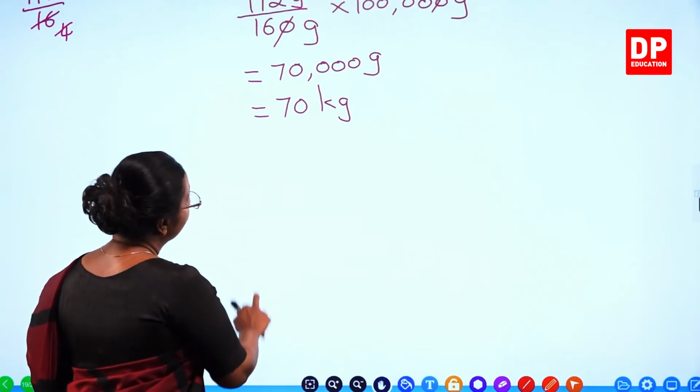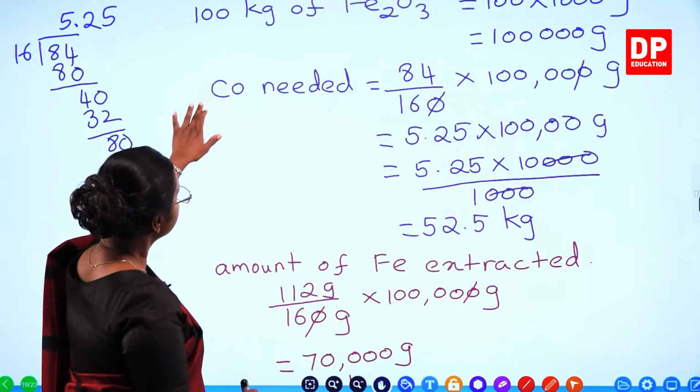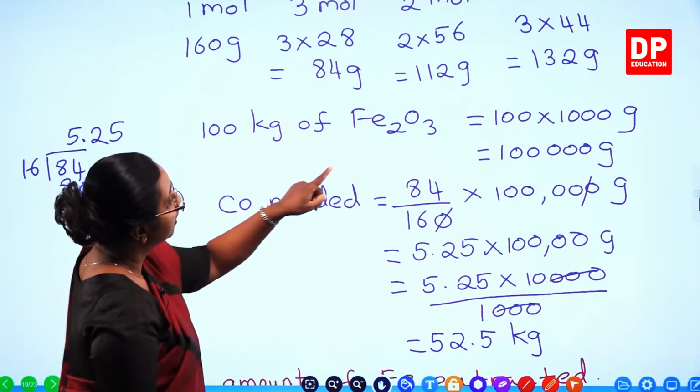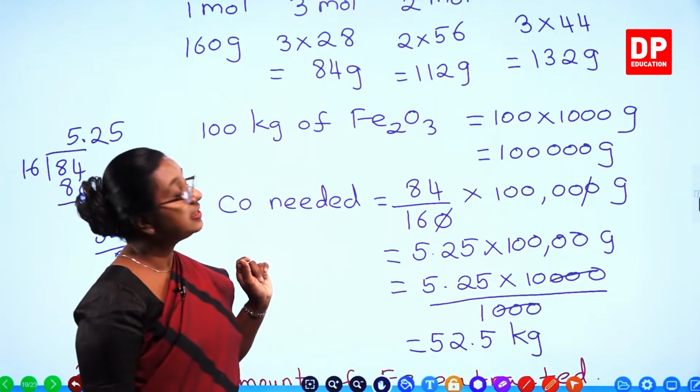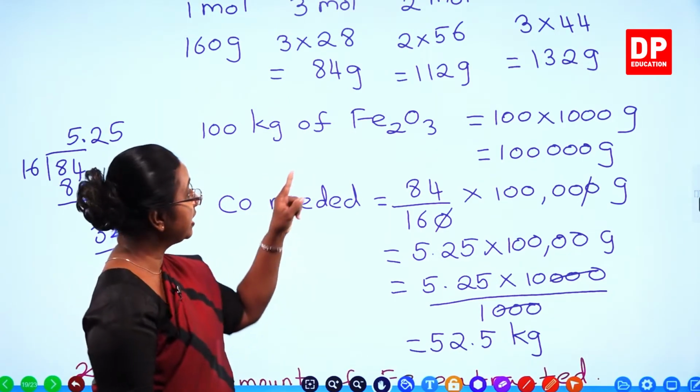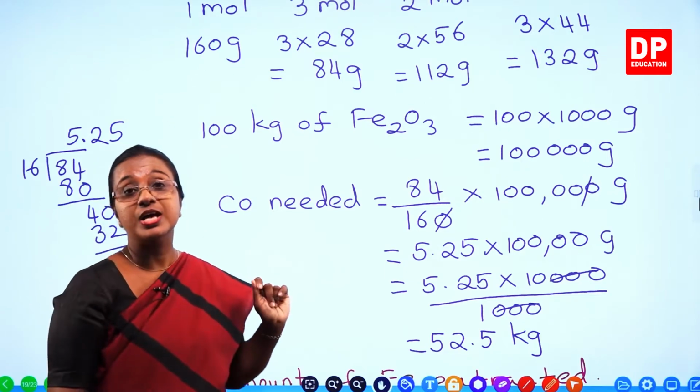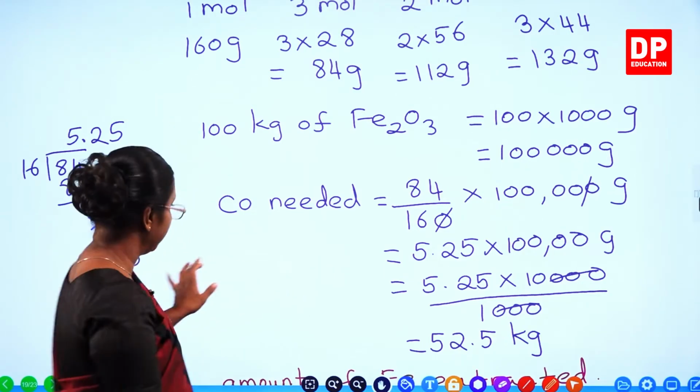So if I go back and check again, there you can see 132 grams of carbon dioxide is released when we use 160 grams of hematite.